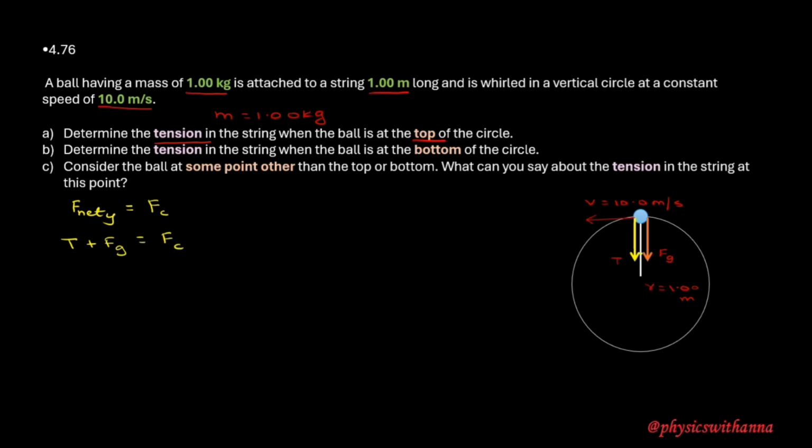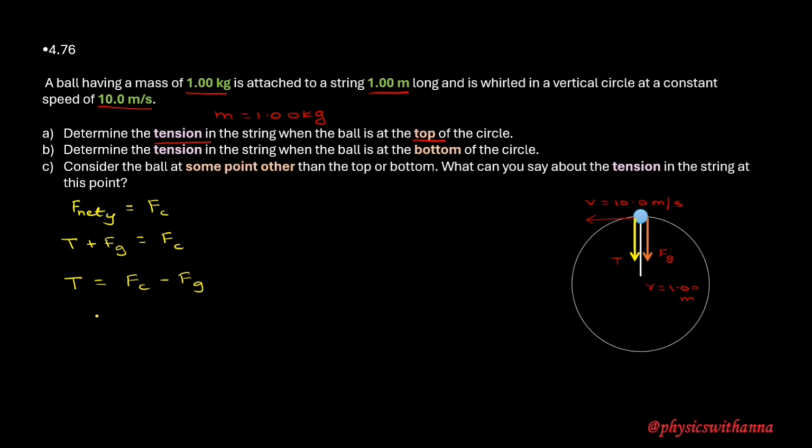All of these forces point towards the center of the circle, which at this position is down. Therefore, if I take a negative sign for each of them, it will just cancel out, so I can ignore the negative sign for this position. Then to find the tension in the string, we rearrange the terms: T equals Fc minus Fg.